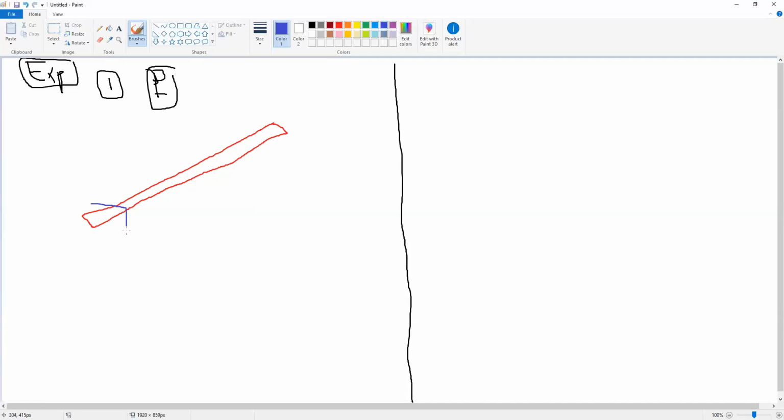This is the first support, and the support at the other end. These two supports represent the roller and hinge. The distance between the two supports is our span L.